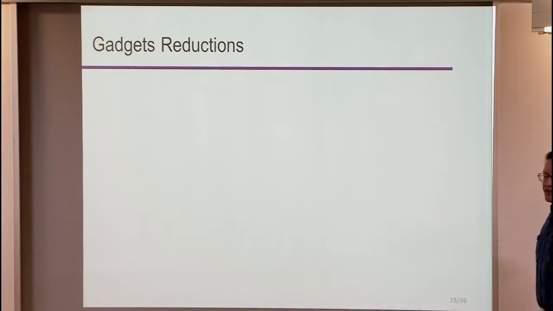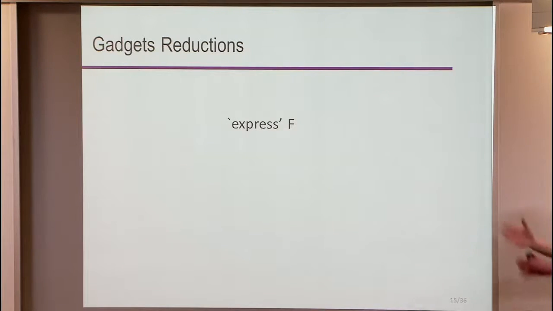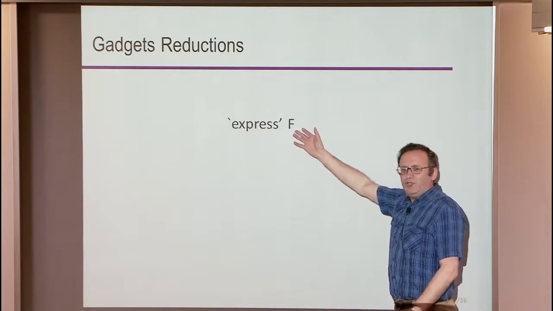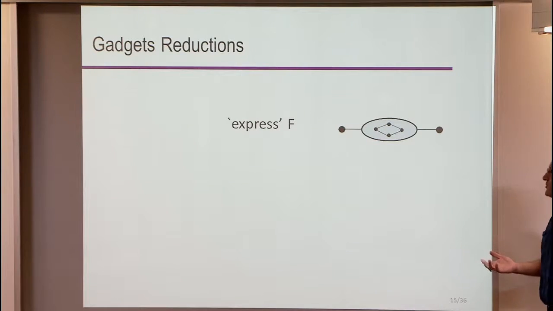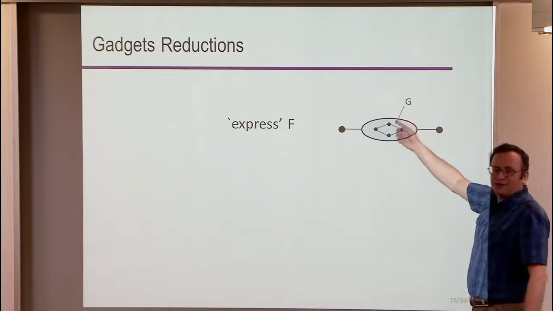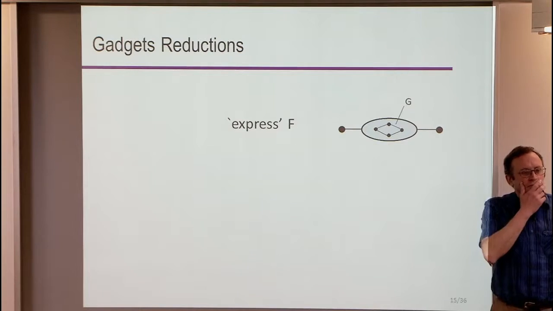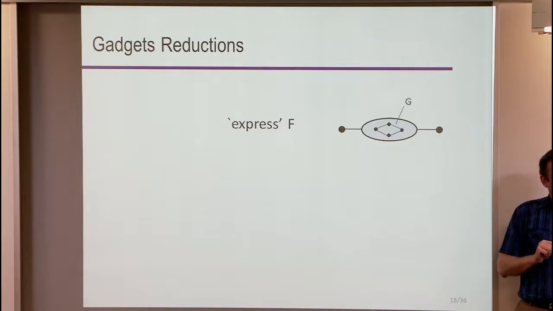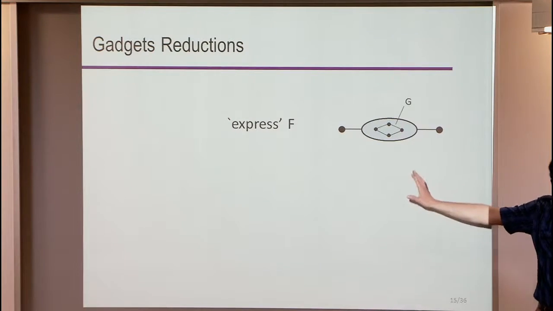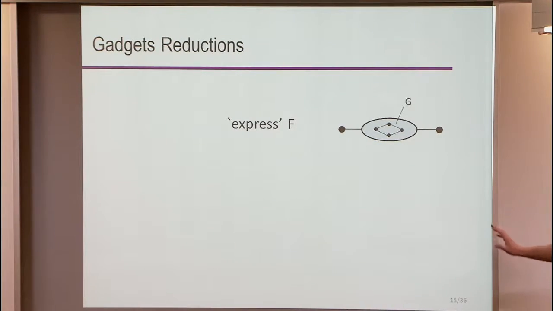Okay, so gadget reductions. What do we normally understand by gadget reductions? Well, we have all these functions and we want to express a function using some gadget. How do we do that? Well, using some other function, of course. So we construct a gadget, right? We use some other function. Is there a definition of the word gadget? I will give one. So far it's intuition, what we tend to understand by that.